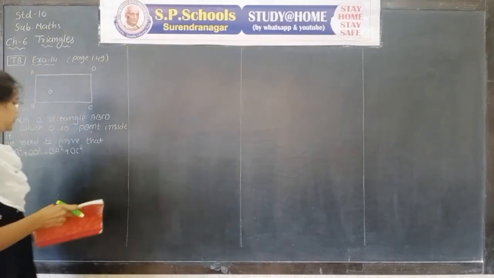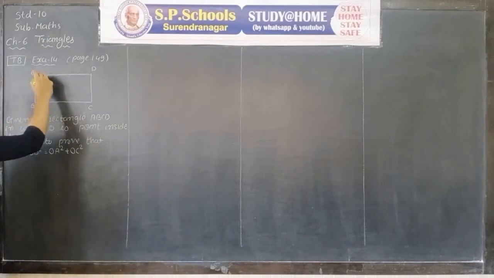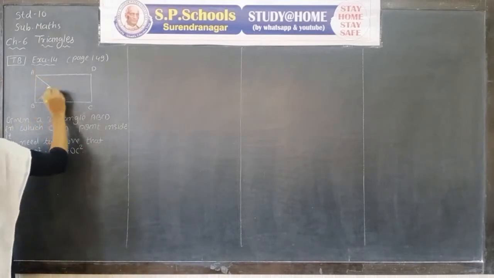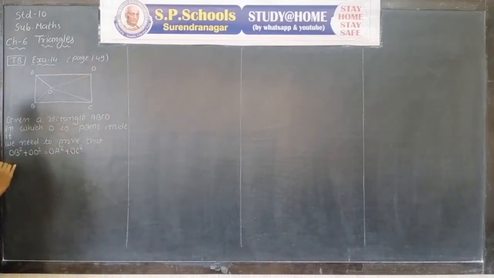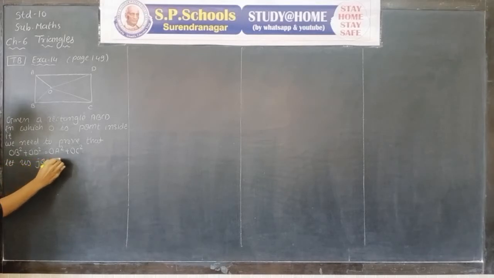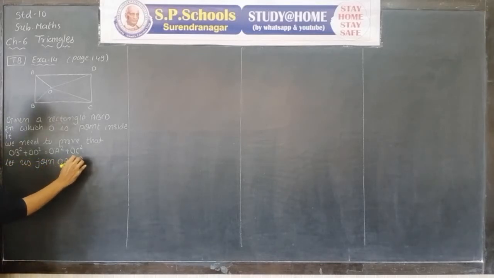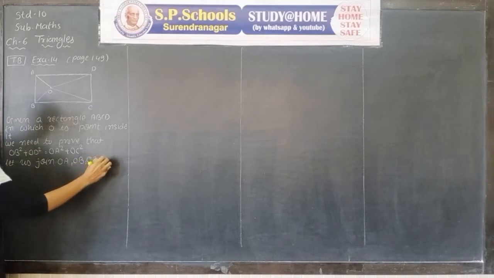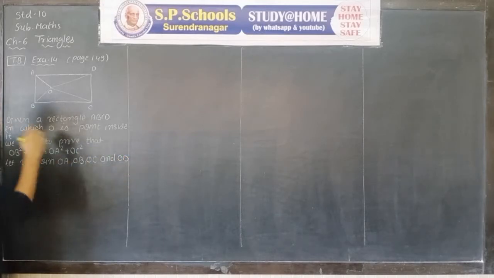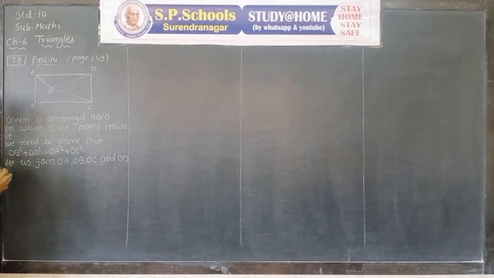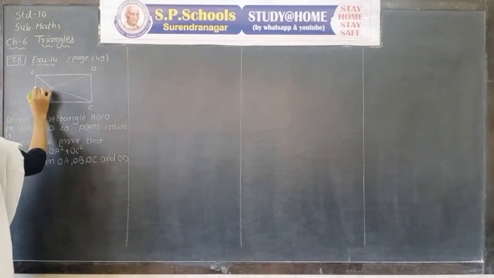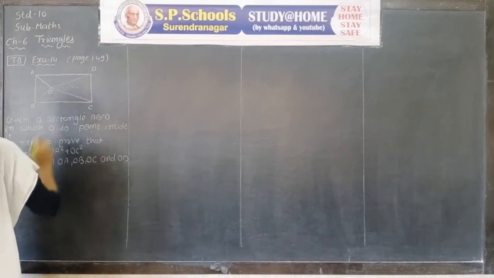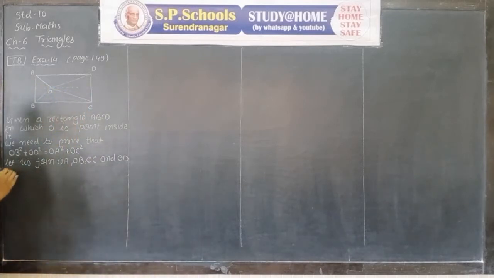First of all, we have to join O to A, O to B, O to C and O to D. Let us join OA, OB, OC and OD. Now we draw one line through point A, parallel to BC and AD.